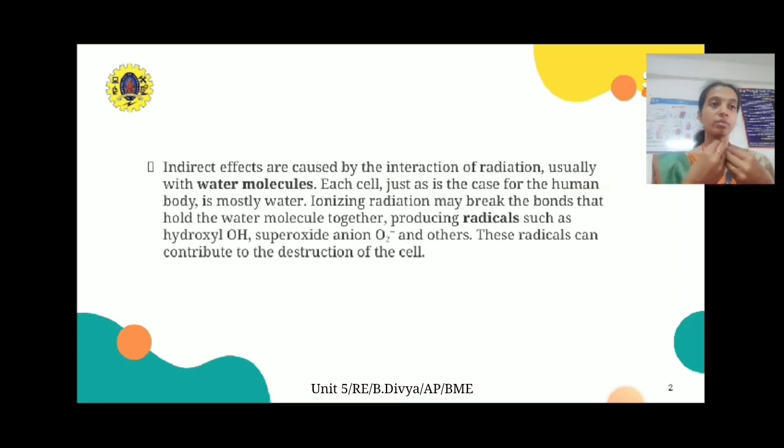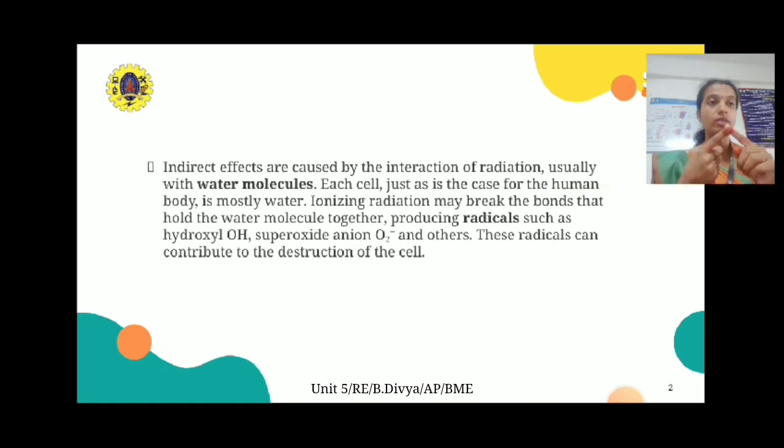We human beings always have water in our bodies. Ionizing radiation may break the bonds that hold the water molecules together, producing radicals such as hydroxyl, superoxide anions, and others. So these ions will be produced while the radiation passes through our body. These radicals can contribute to the destruction of the cells.